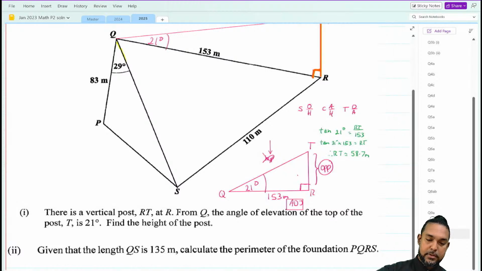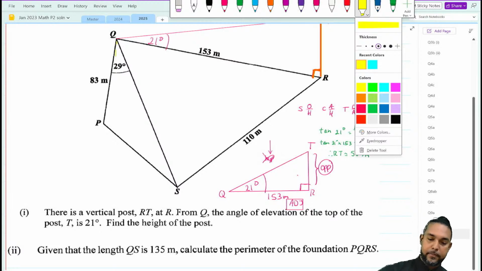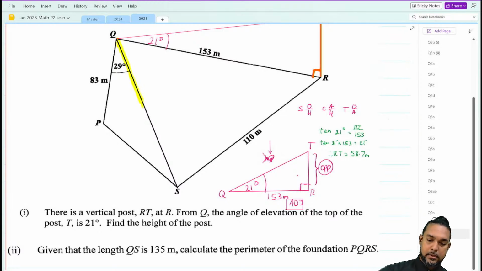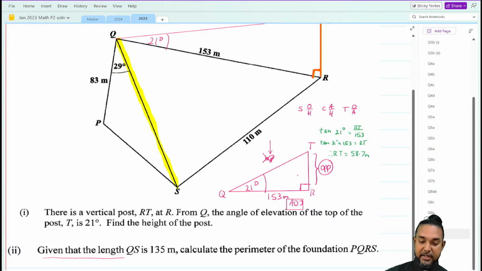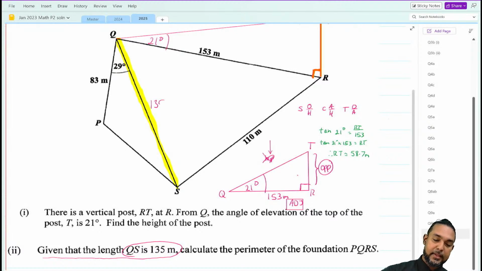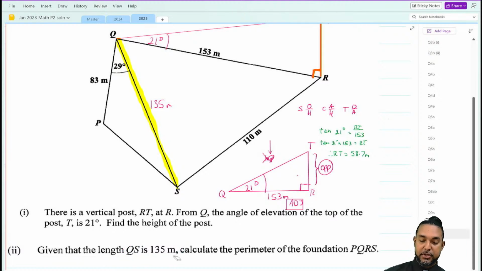So that's QS, right? And they said that given that the length of QS is 135, so that's 135 meters, calculate the perimeter of the foundation PQRS.